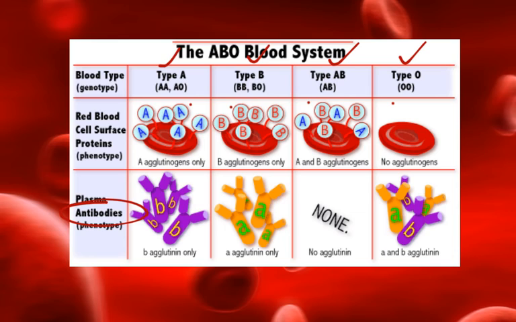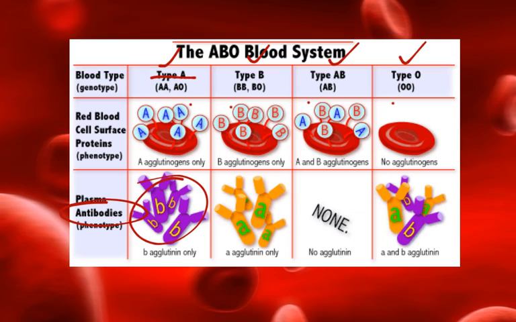So if you are a person with type A blood and you are given, say, in a blood transfusion, maybe you were in a car accident or you have a surgery and you lost a lot of blood, if they were to accidentally give you type B blood, then the B antibodies in your body would begin to fight that off, and you would not recognize that B blood, and it could make you very sick.